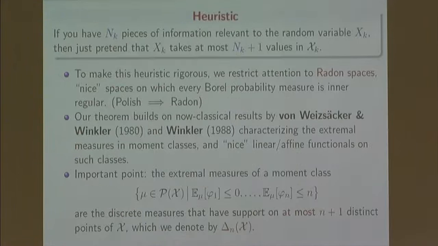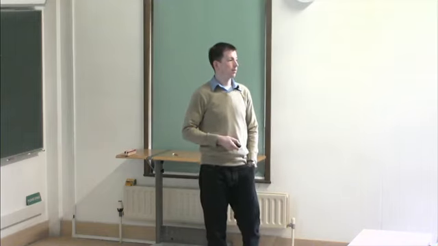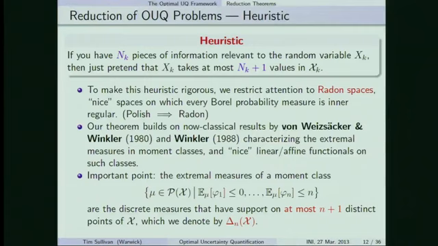And what do these extremal scenarios look like, and why are they so nice to compute with? Well, the heuristic, before I blind you with the theorem, is basically if you've got n pieces of information about some random variable, you get to pretend that that random variable takes at most n plus 1 distinct values. Okay. And to make that heuristic rigorous, you delve a bit into the descriptive set theory and functional analysis literature and work out what kinds of nice spaces are sufficiently topologically respectable to do this kind of thing on, and you go through that.